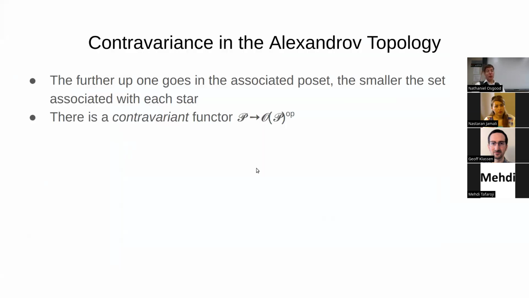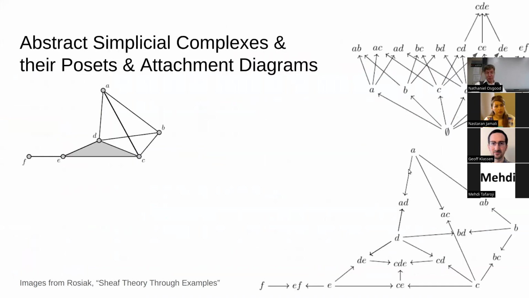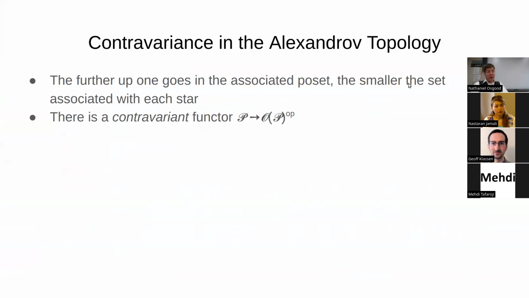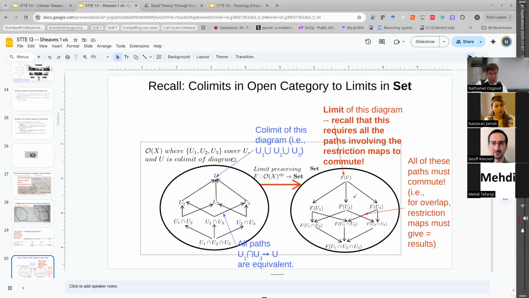So it's of the nature of it. When we define sheaves in this context, if we think about them through attachments in this space here, we actually have already dealt with the op. You can imagine a sheaf is going to be a limit preserving functor going into set here.